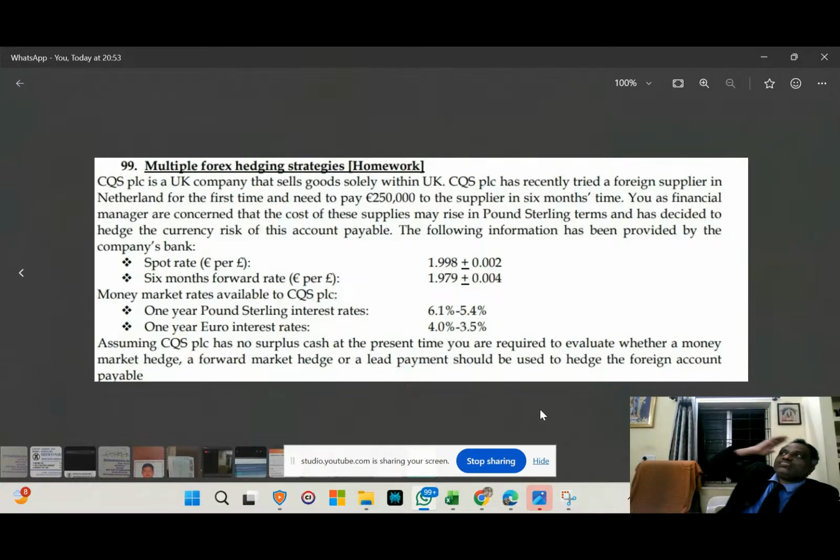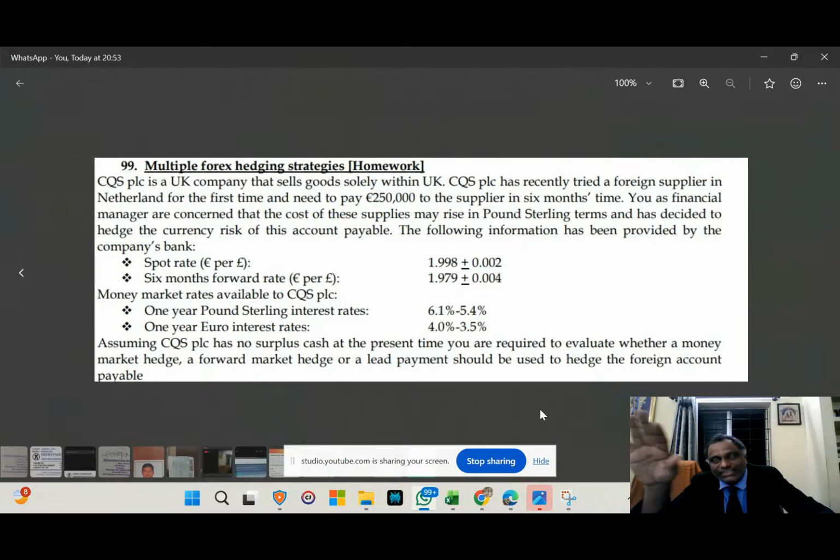So for the ask rate, we need to add the spread. For the bid rate, we need to deduct. In our case, 1 by ask is equal to bid, or bid is equal to 1 by ask.